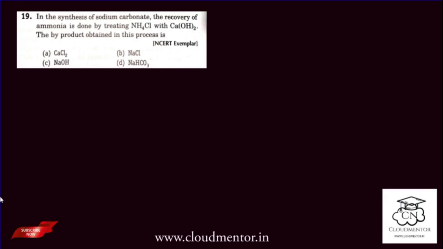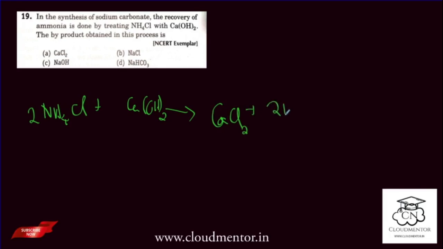Here the reaction is 2NH4Cl reacts with calcium hydroxide, giving calcium chloride, CaCl2, and ammonia and 2H2O.